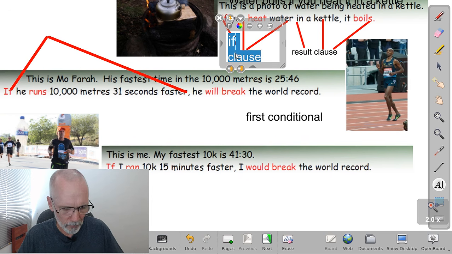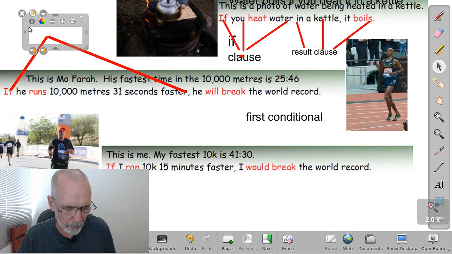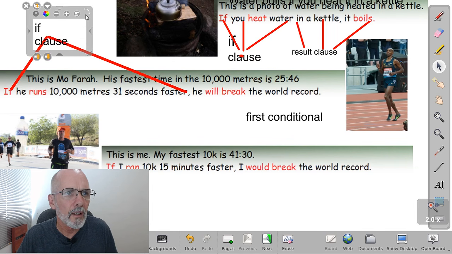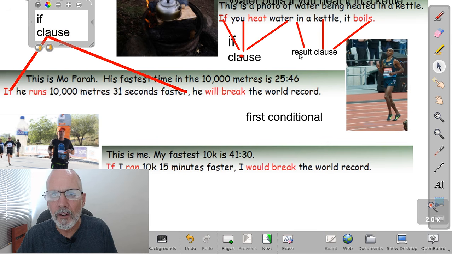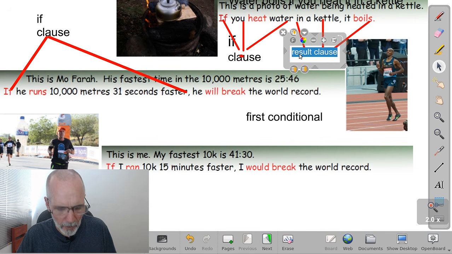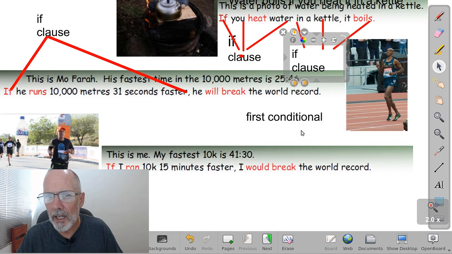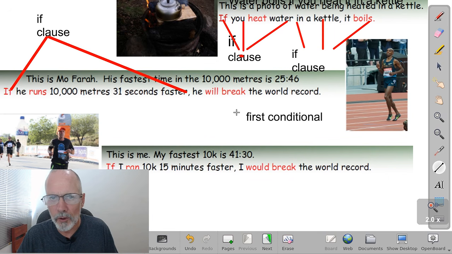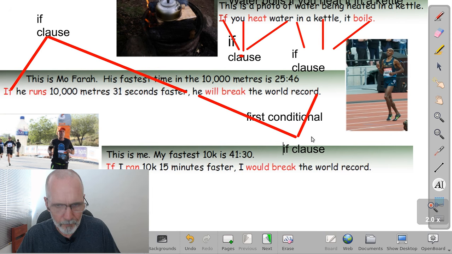That's an if clause. That's like the imaginary situation. And down here too, we have, as we saw earlier, a result clause. Here we have a result clause.